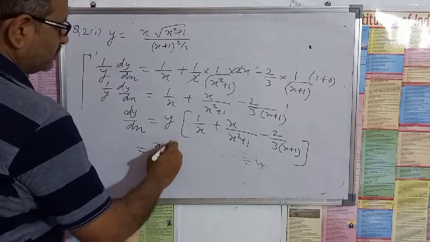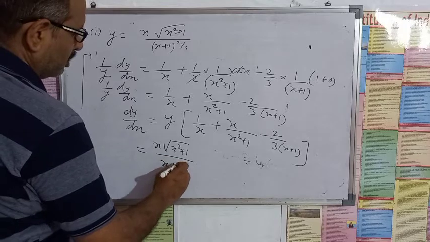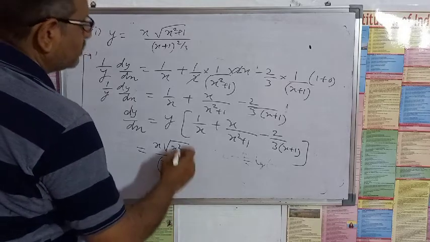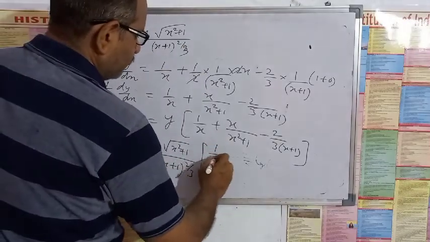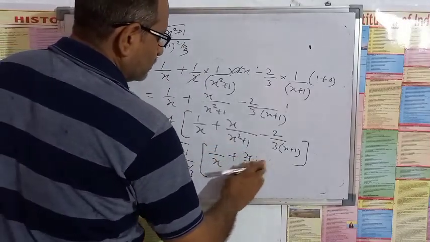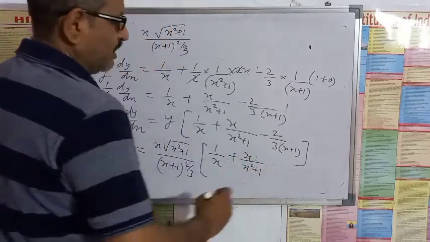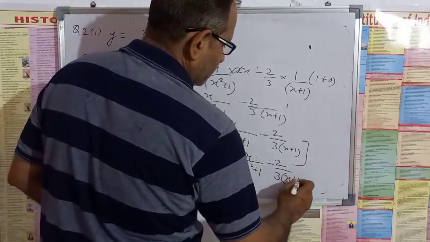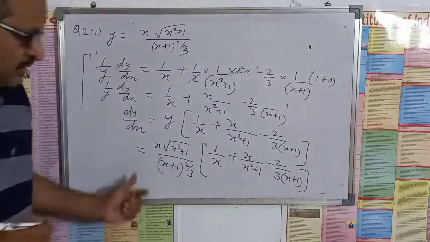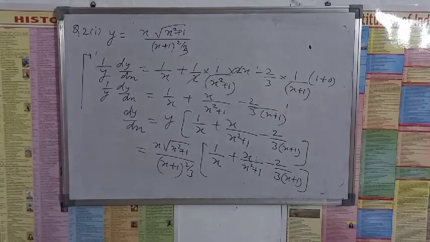So x root x square plus 1 upon x plus 1 to the power 2 by 3, 1 by x plus x upon x square plus 1 minus 2 by 3 x plus 1. This is the final derivative. Question number 2, first part.